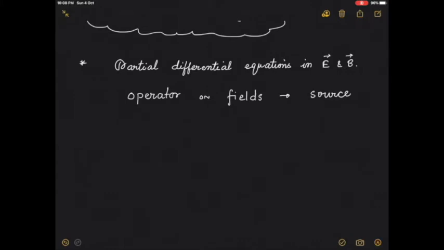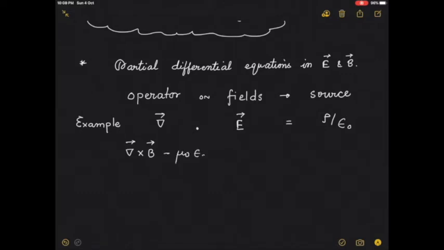Okay, so let us look at one of the equations, then it will be clear. For example, I have divergence of E equals rho by epsilon naught. So rho is the source. Similarly, I can write another example, curl of B minus mu 0 epsilon naught del E del t equals mu 0 J. So that is an operator on fields, but different operators operating on different fields.